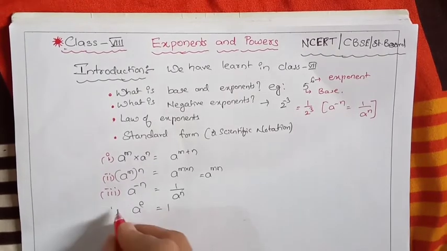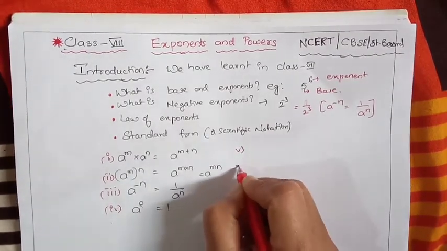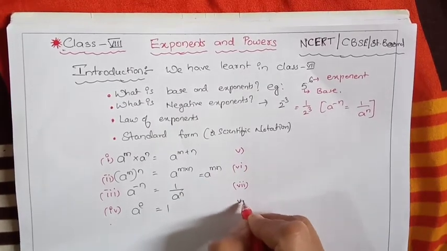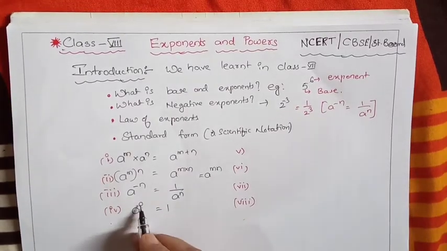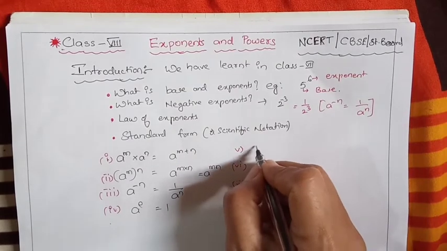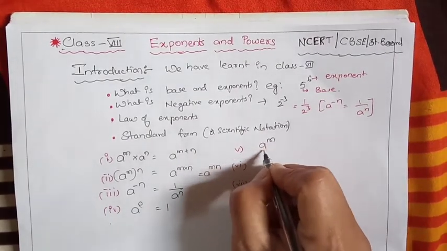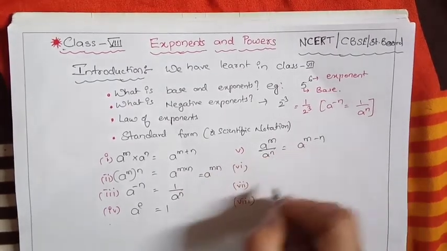Fifth, sixth, seventh and eighth also we have. In this we will discuss. Fifth one is, a to the power m by a to the power n is a to the power m minus n.